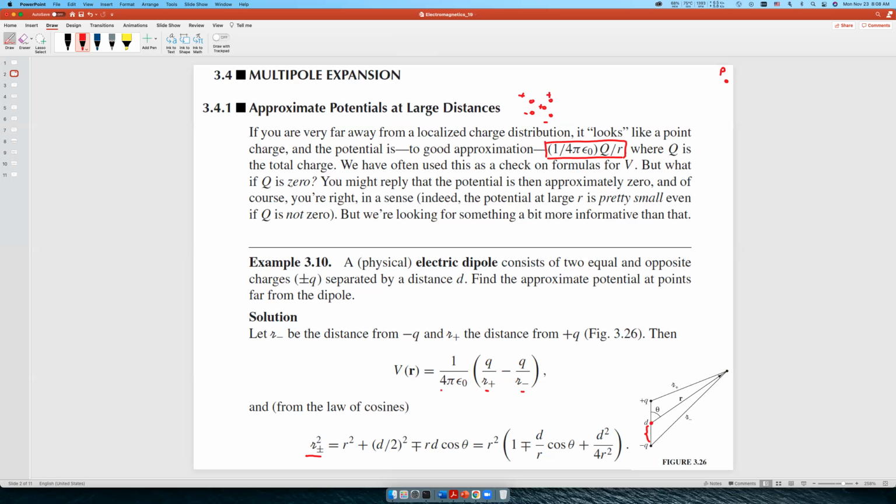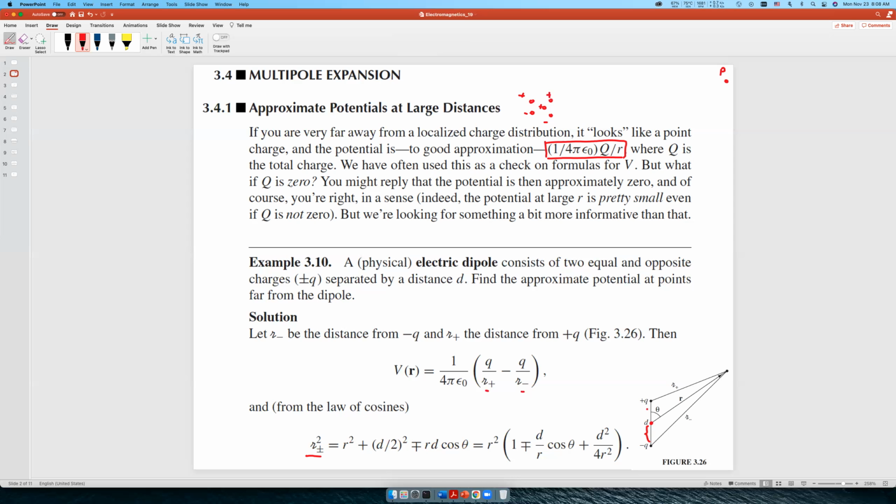And now let's see, from the law of cosines, we know r plus squared equals r squared plus (d over 2) squared, subtracted by r d cosine theta.